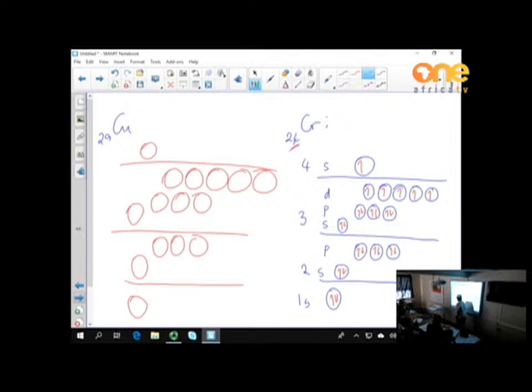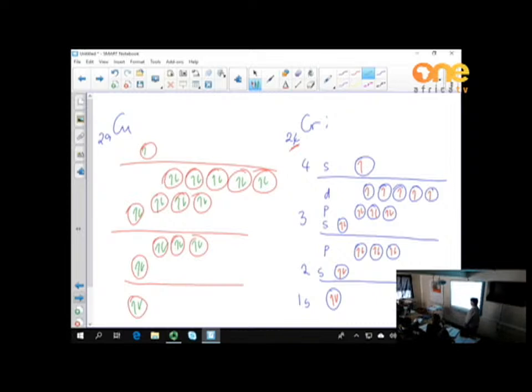The first ones that go in go 1, 2, 3, up to 18. We've got 18. It goes 19, 20, 21, 22, 23, 24, 25, 26, 27, 28, 29.